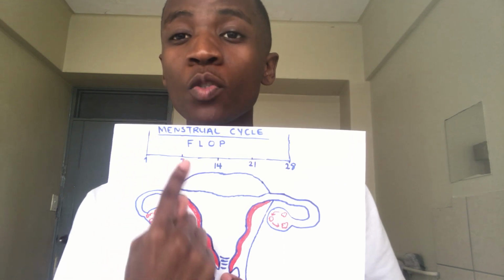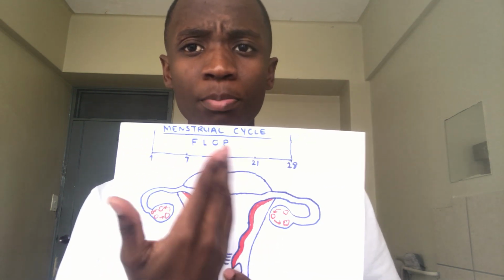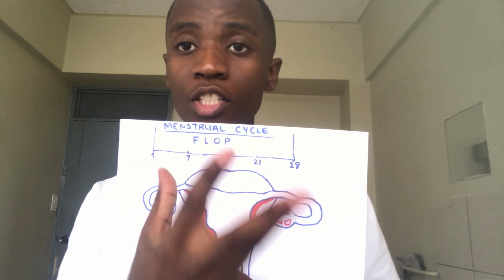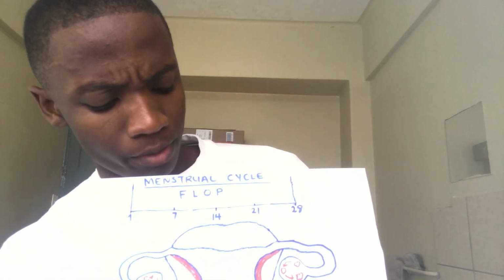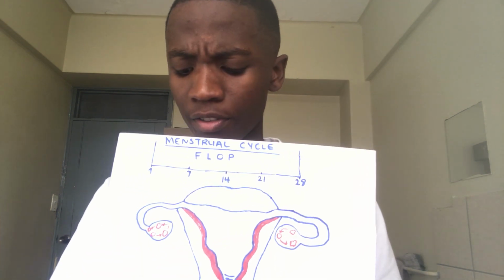So from day 7 to day 13, just before day 14, because day 14 is fundamentally the ovulation day, the release of the egg, what happens in the ovary and what happens in the uterine lining, the endometrium wall, let me be specific.